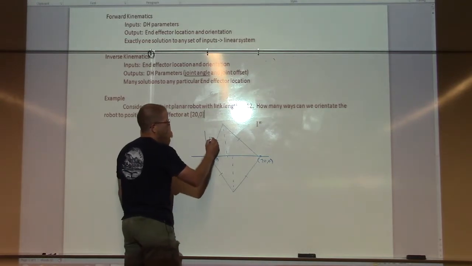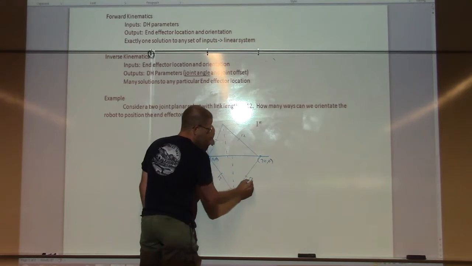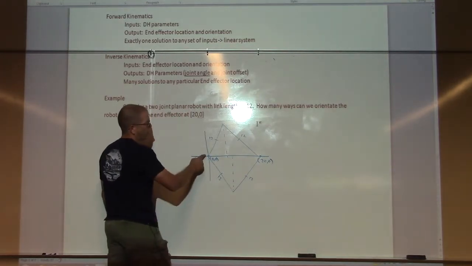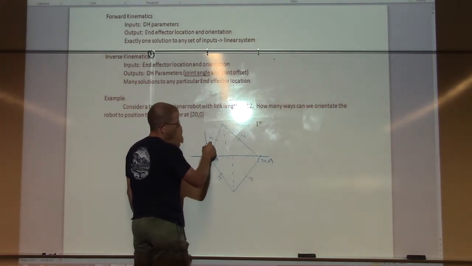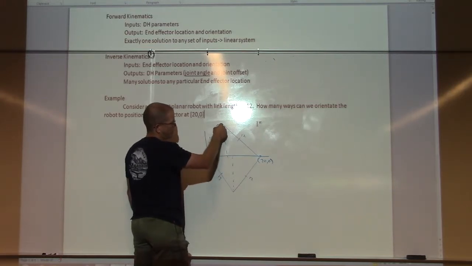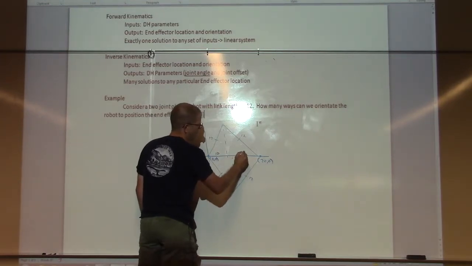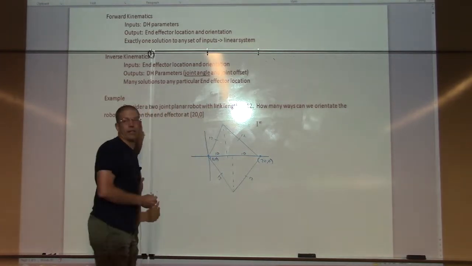Since we know that this is a 12 and this is a 12, we have an isosceles triangle, therefore the vertex is going to be halfway across the base, meaning that this is going to have a length of 10 and 10 respectively.